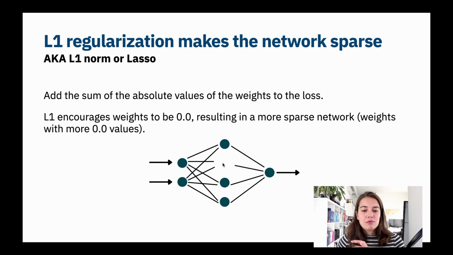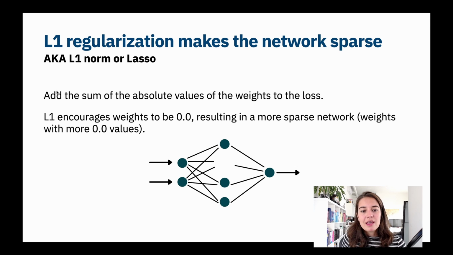But if I take one neuron out, some of the connections are not going to matter anymore because there is no neuron here. It's not going to fire. It's not going to give me an output. And that will make your network sparse because not all the neurons are going to be connected to each other.